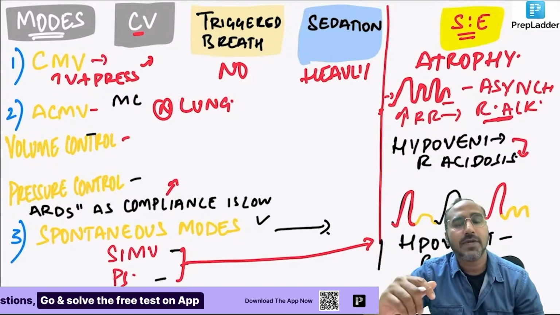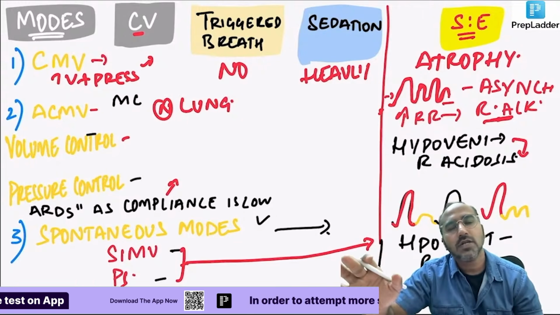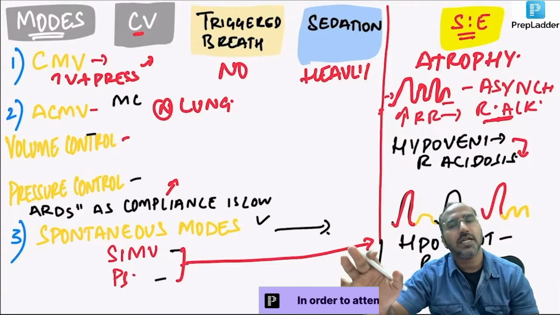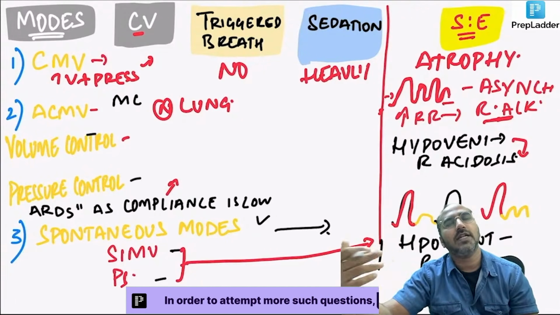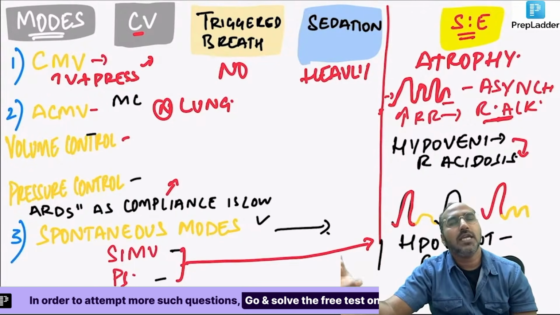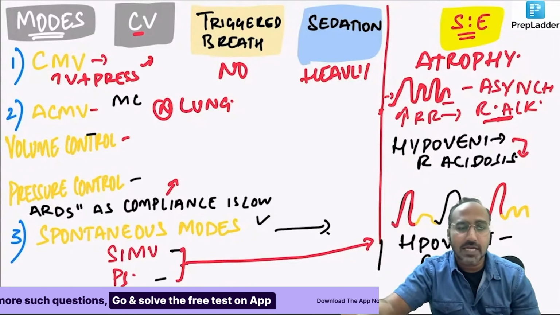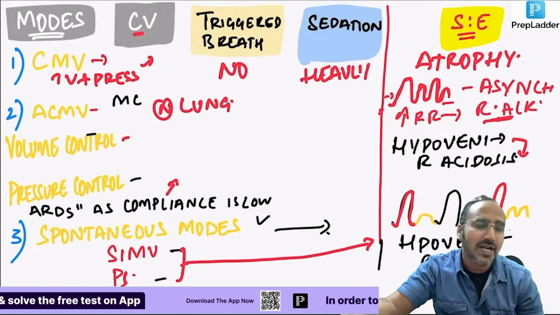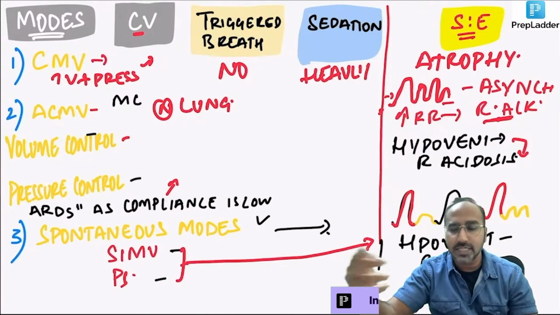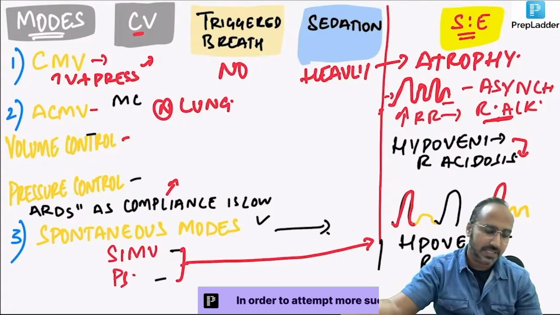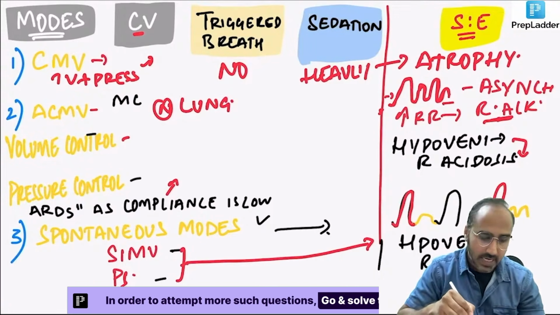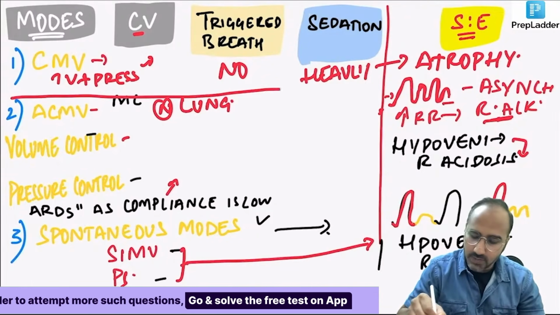But as the patient is heavily sedated, the patient feels relaxed and thinks the ventilator is taking care of the breaths. He becomes lazy, and the respiratory muscles also become lazy. There will be atrophy of muscles in CMV mode.